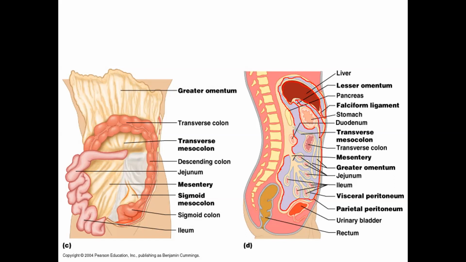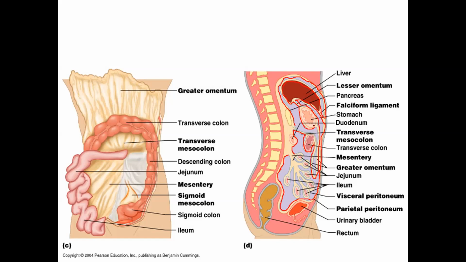All right, this part is tricky. Let me see if I can do it well. So it's a long serous membrane structure and then makes a U-turn over here and then covers the transverse colon and then connects to the posterior wall, the parietal peritoneum, okay?